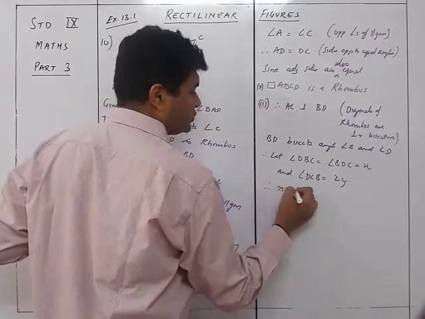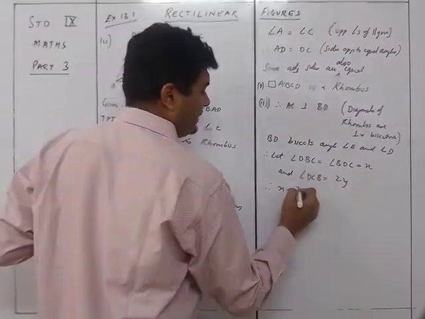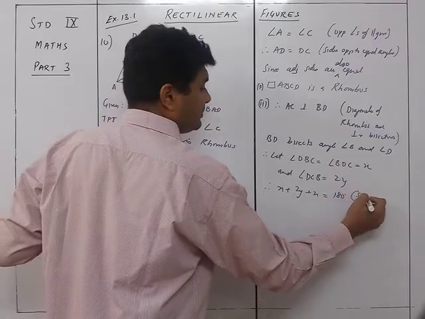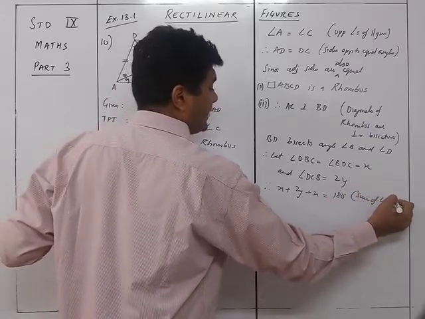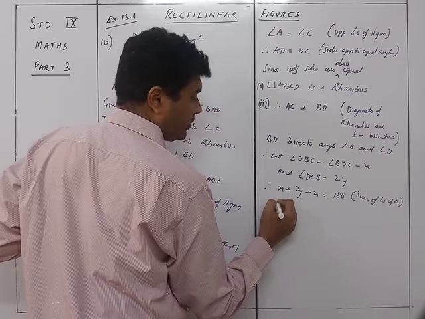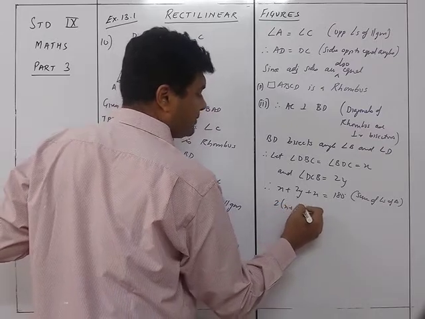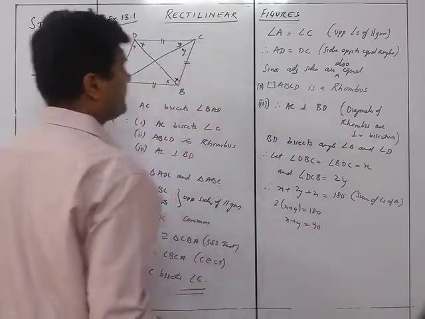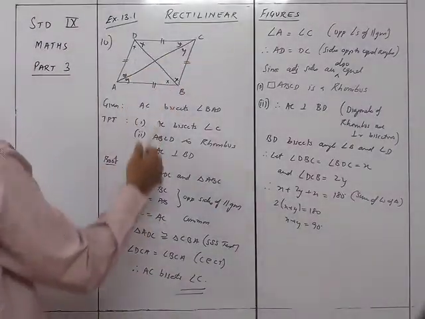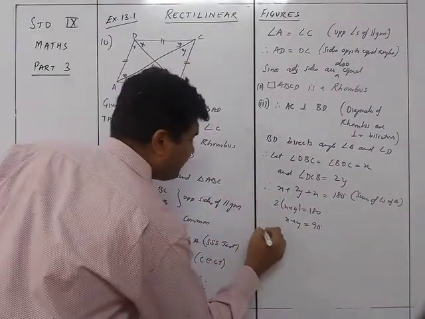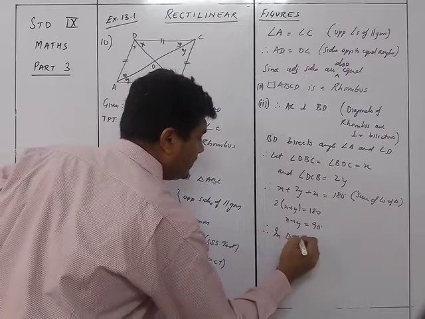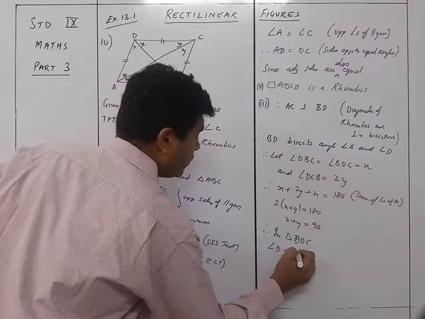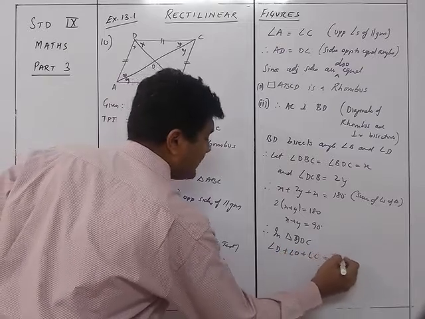Therefore x plus 2y plus x is equals to 180 degrees, sum of angles of triangle. Therefore 2x plus 2y is equals to 180. So x plus y is equals to 90 degrees. So therefore in triangle DOC, angle D plus angle O plus angle C is equals to 180.